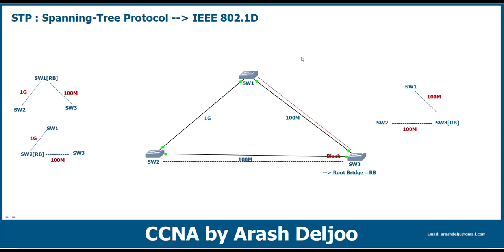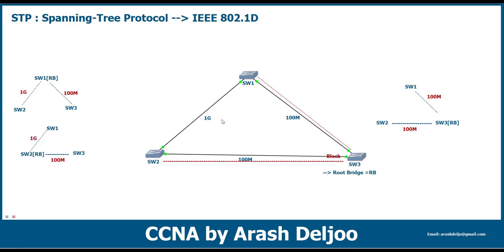If you select the root bridge in a bad place, for example in this example in switch 3, you will use the lower bandwidth as the primary link, and you will use the higher bandwidth as the secondary or backup link, and this is not good.